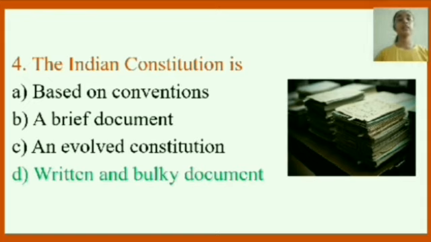The Indian Constitution is option A based on conventions, option B a brief document, option C an award constitution, option D written and bulky document, and the correct option is option D written and bulky document.